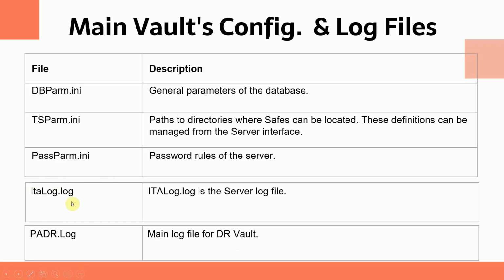This is the main log file. And to troubleshoot issues related to your DR vault, this is the main log file. You can see if the replication is happening or not, or what the issue is. If your DR service is not running, you can see it in this file, padr.log. So this is the main log file for your DR.